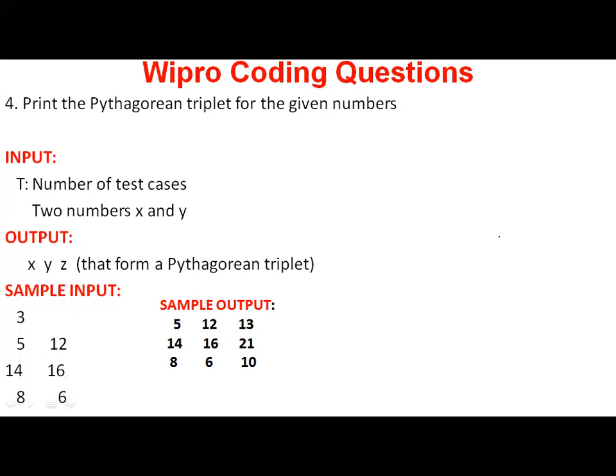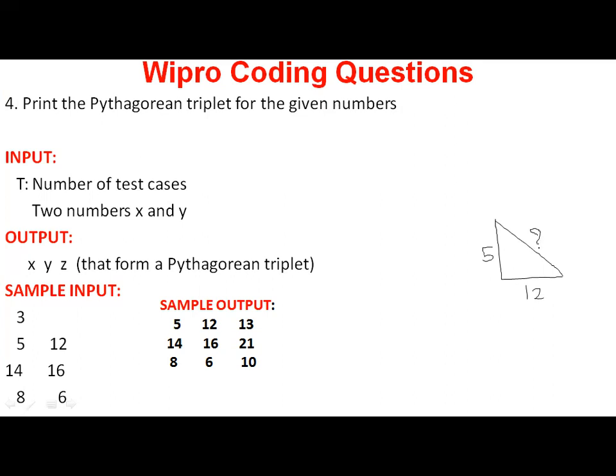Just see here, this is a right angle triangle. What is given? Two numbers. Those two numbers we should assume as the two other sides of a right angle triangle, 5 and 12, or this is 12 and 5. And we need to identify this hypotenuse here.